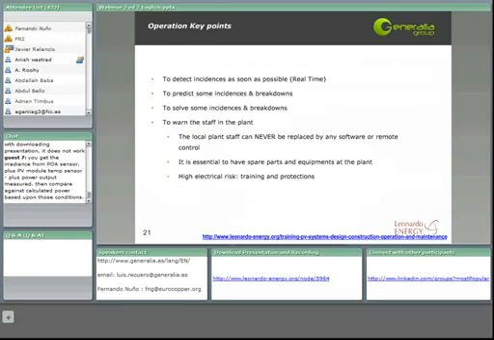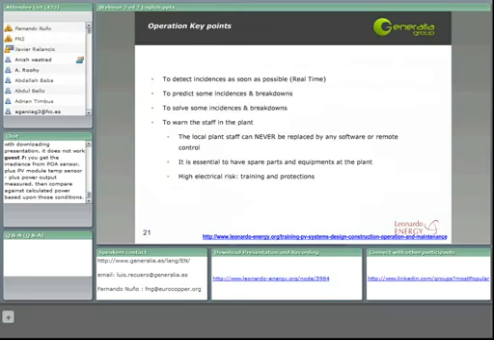This is where the inverter has a very important task in our solar plant, and this is the main reason why the inverter should be monitored. And finally, to warn all the staff in our solar plant. In order to do this, we need alarms such as sirens and short messages.